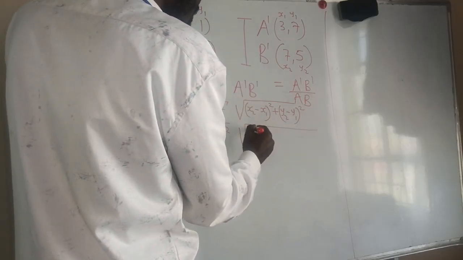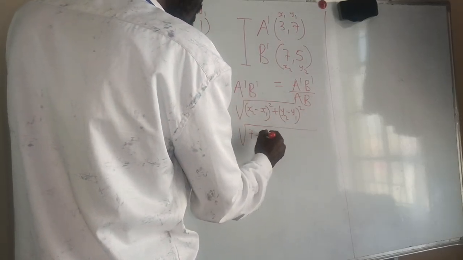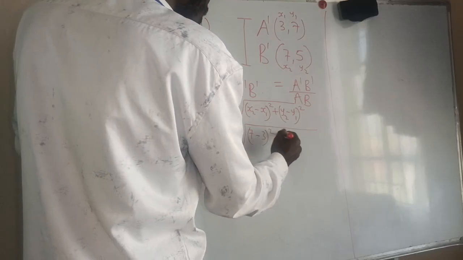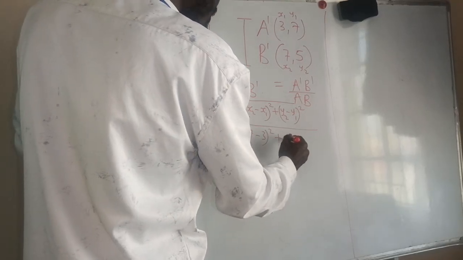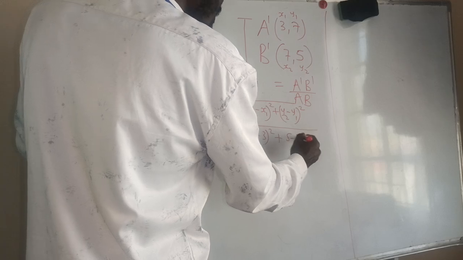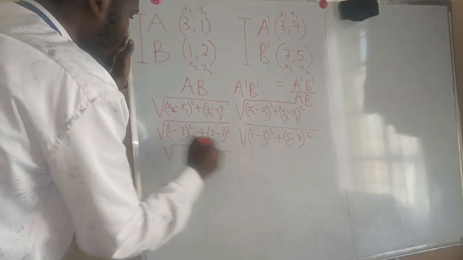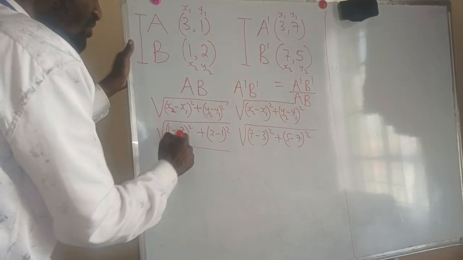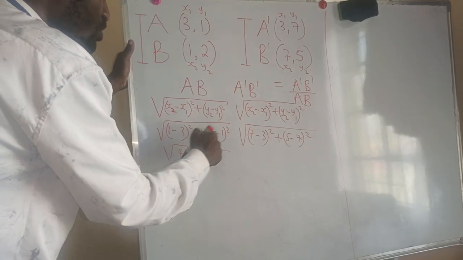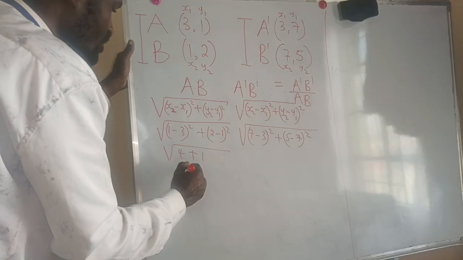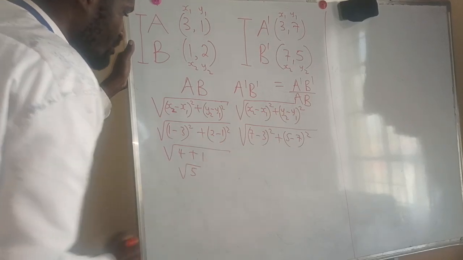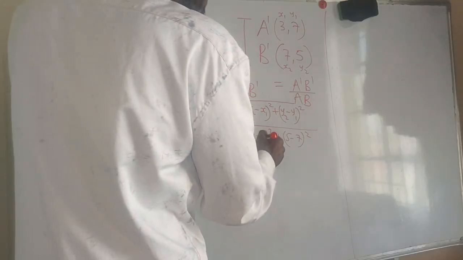Our x2 is 7 minus x1, 3. This is squared. Plus y2 is 5 minus y1 is 7. This is also squared. So this translates into the square root of 1 minus 3 is negative 2. Negative 2 squared is 4. Plus 2 minus 1, that is 1. 1 squared, that is just 1. So that is root 5. Okay. Leave it like that.